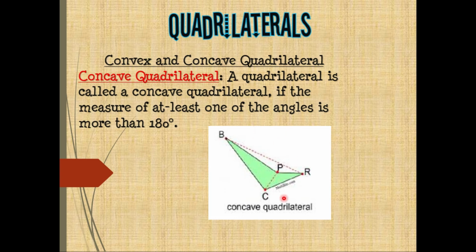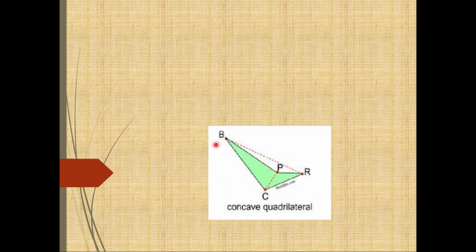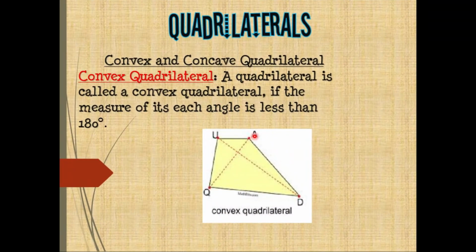One more thing I can tell you, children: whenever we join two opposite points, opposite angles of a quadrilateral, we get a diagonal. Like here in the previous figure, where we have joined A and Q, we have got a diagonal AQ, and UD is a diagonal.